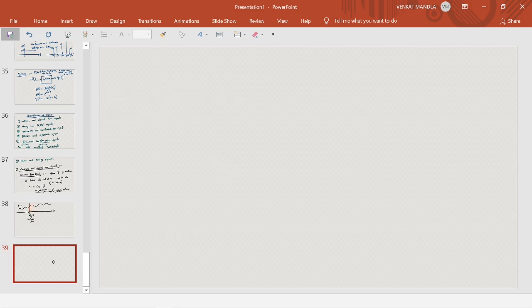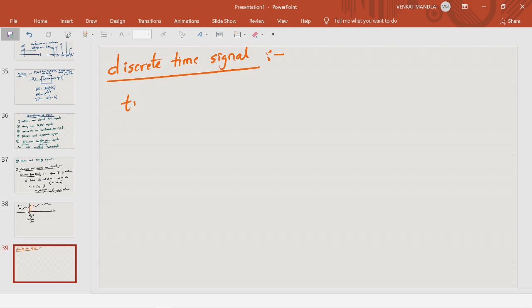Next, discrete time. In a discrete time signal, the time axis is integers.